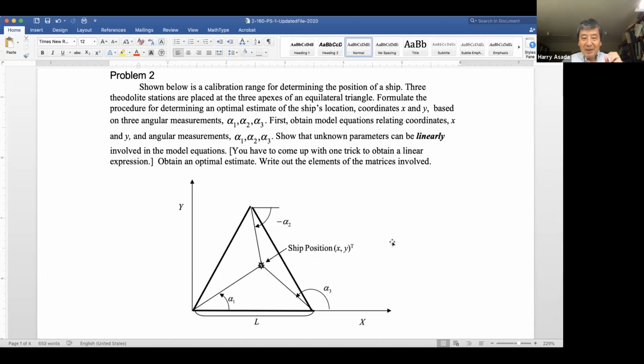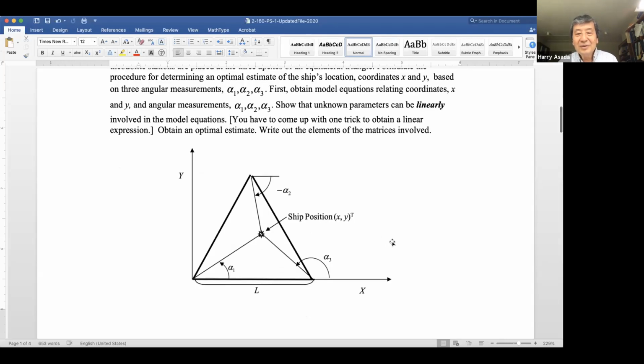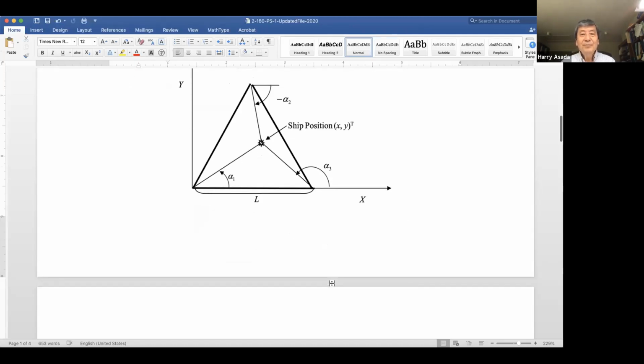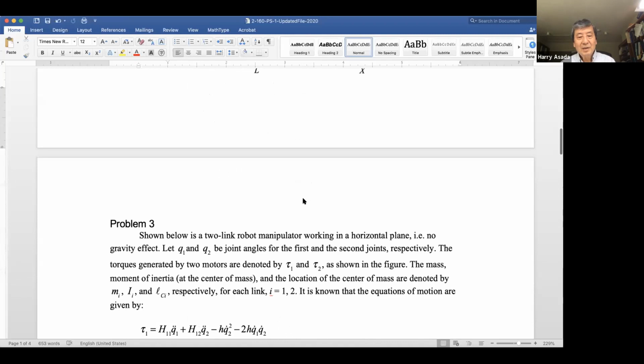So if you manipulate that in some way, boom, you can find the expression where unknown parameters are linearly involved in that equation. I'm not requesting to solve that one, but just show me the linear regressor, where parameters are linearly involved. Okay, are these questions clear? What you need to do?